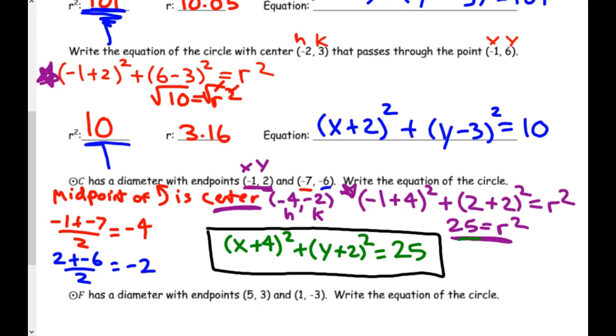Once you know the radius and the center, you know that the h and k is opposite. Okay, and you know to square the radius. If you're working backwards, you square root, right? So take this assignment that I'm passing around and try to get some of it done. I'd love for you to finish today.